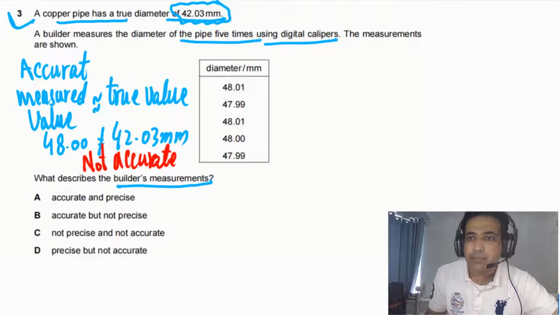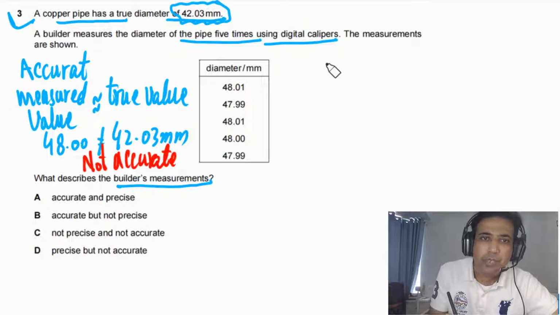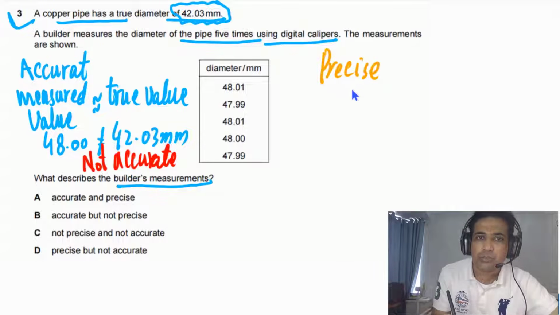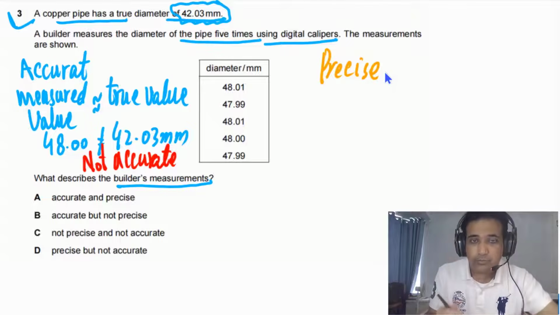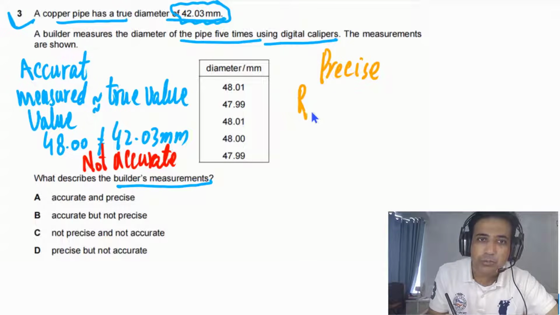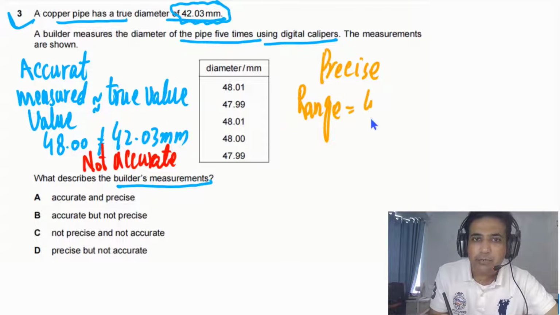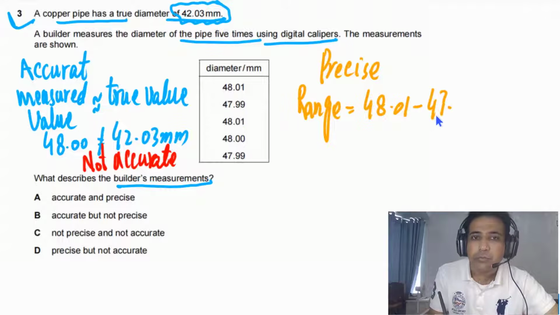Now we need to look at precision. Values are precise if they are close to each other. The range is very small, so we can calculate range in this case. We have the maximum value, that is 48.01, minus we can write down minimum value 47.99. So in this case, range is about 0.02 millimeters.